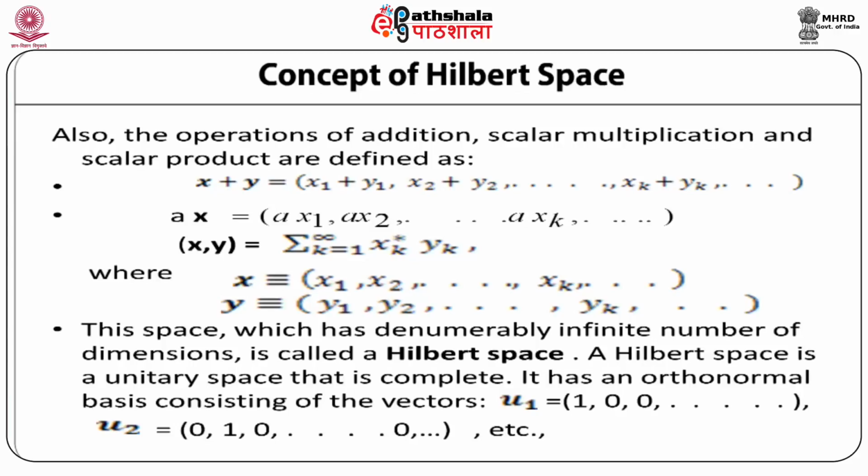If we have two infinite sequences of numbers x and y, then x plus y is equal to x1 plus y1, comma, x2 plus y2, comma, and so on, xk plus yk, and so on till infinity.